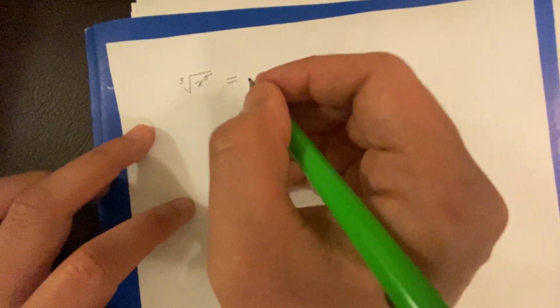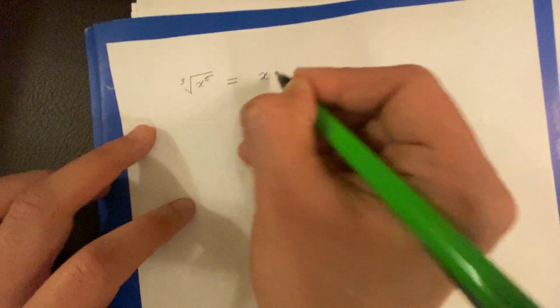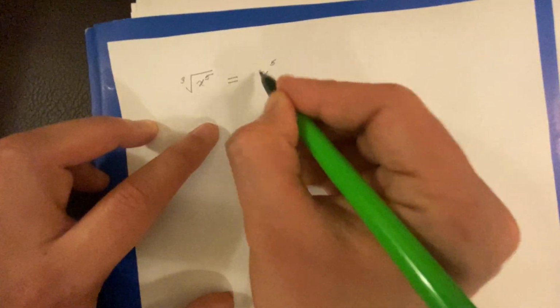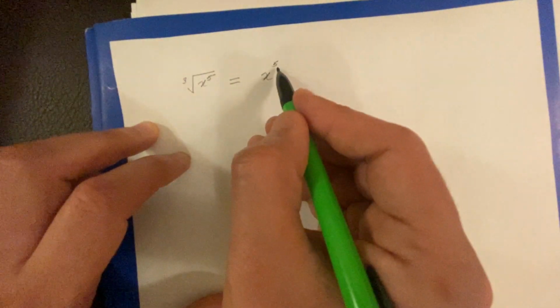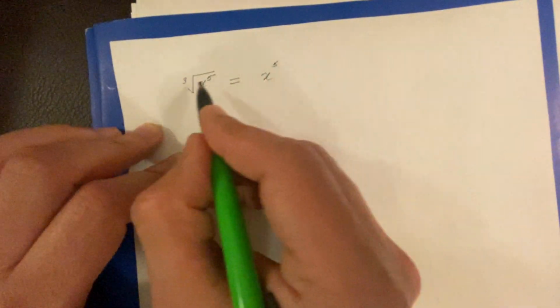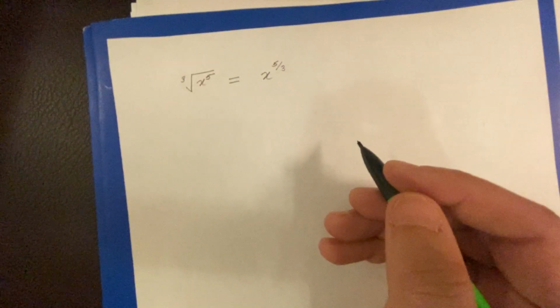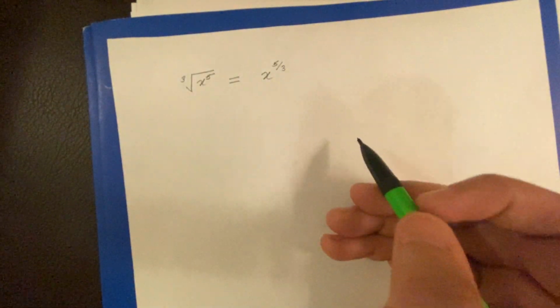We can say this x to the power 5 is the thing inside the root, and again we can divide this 5 by this index number, which is 3, so x to the power 5 over 3. This way we can get rid of the root.